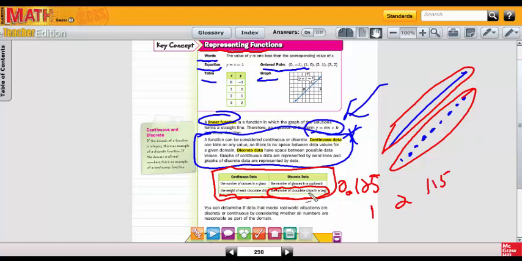You can't have half a chocolate chip. Again, I know some of you are going to argue that sure you can, but we're talking about realistically. You can determine if data that model real-world situations are discrete or continuous by considering whether all numbers are reasonable as part of the domain. Remember, the domain is the input, the x value.